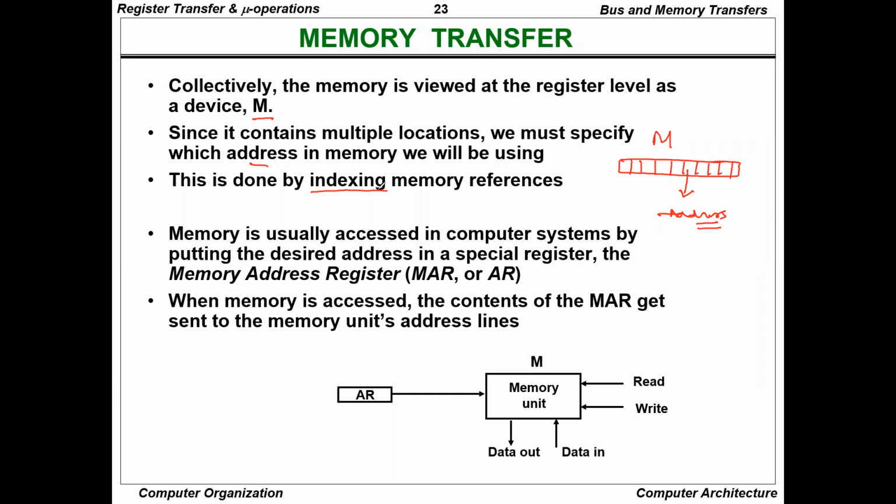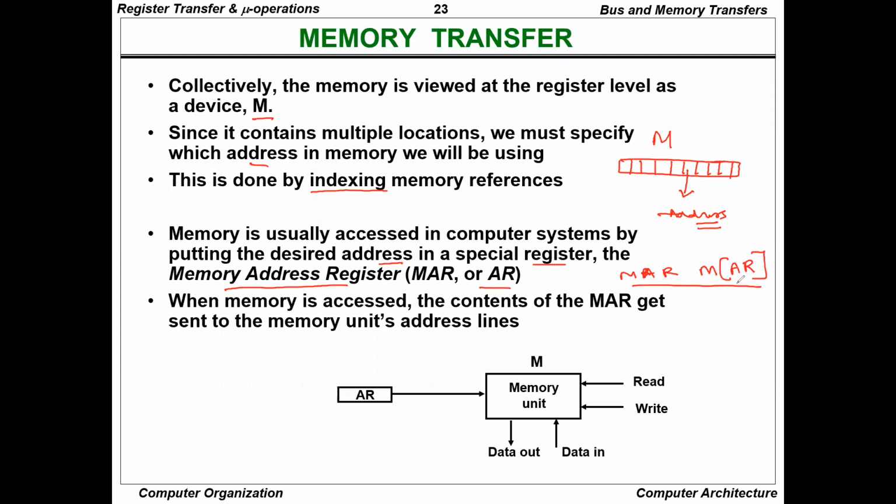Memory is usually accessed by computer systems by putting the desired address in a special register called the MAR, or simply AR. So wherever you want to pick the data from, you can refer to it through the MAR register or the AR register.